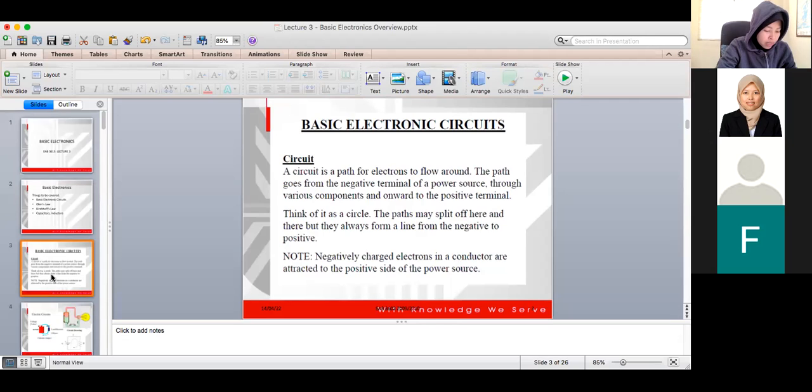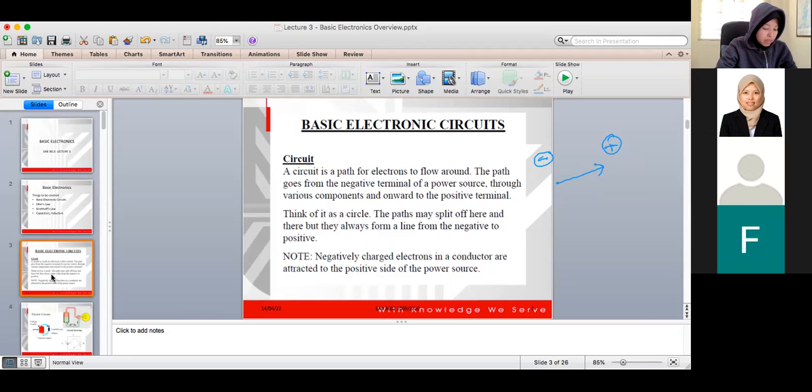The path goes from the negative terminal of a power source to the positive terminal. The path goes from the negative terminal of a power source through various components and onwards to the positive terminal.